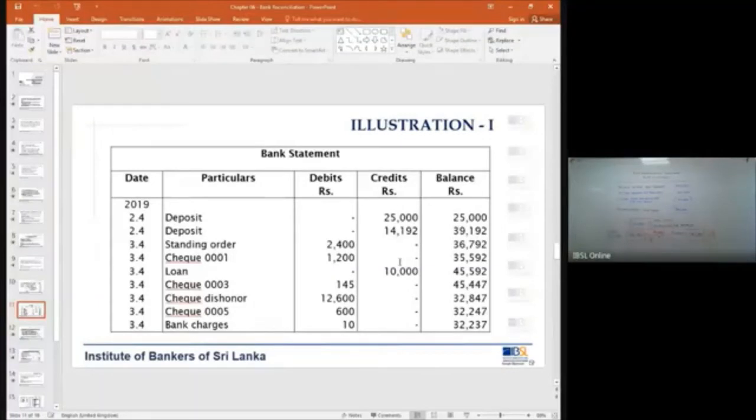Please give a try to the two questions that are in the cash book, which I will do in the class. But next week we will start with a new topic, which is going to be the first accounting standard that we are going to learn. So please do not miss the class. It will be very important, and it has been tested in exams also.